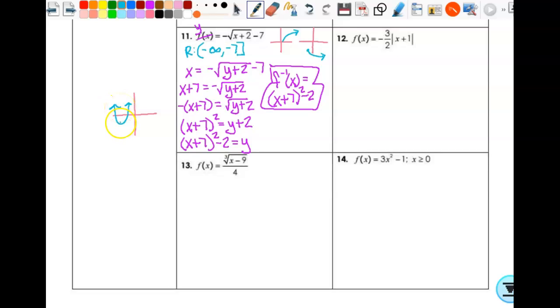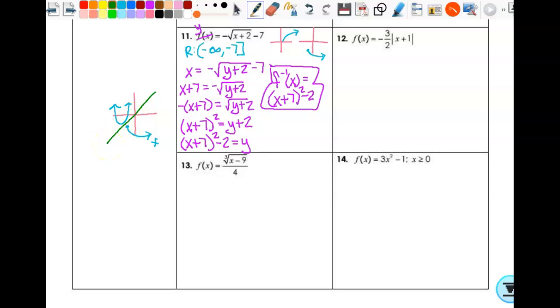Does this look like the inverse of this? It doesn't, does it? No, not at all. That's why we have to have a restriction here. If I take this part right here, which was like that, right? That was our f. And we want to reflect it in the line y equals x.